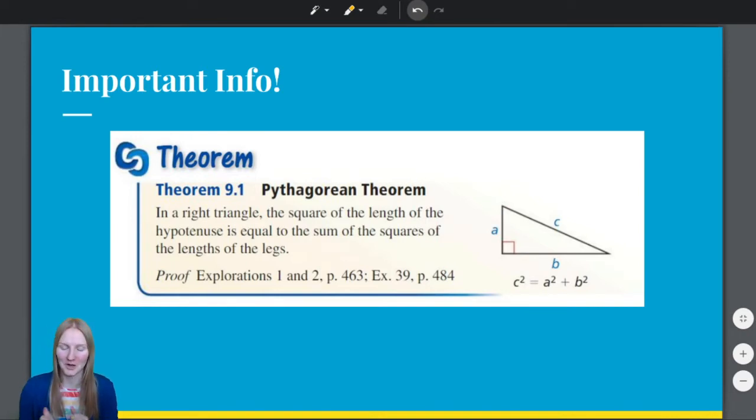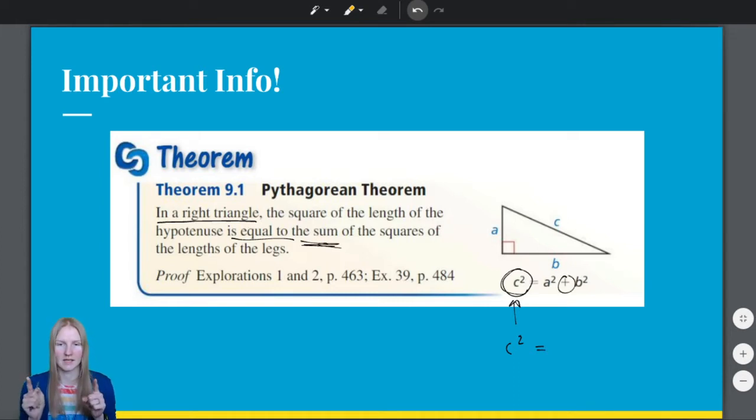Pythagorean Theorem. So, in a right triangle, the square of the length of the hypotenuse, so c is our hypotenuse, and the square, so c squared, is equal to the sum, remember sum means we're adding things together, the sum of the squares of the lengths of the legs. So a and b are the legs, or the lengths of the legs. We're going to square them and add them together.